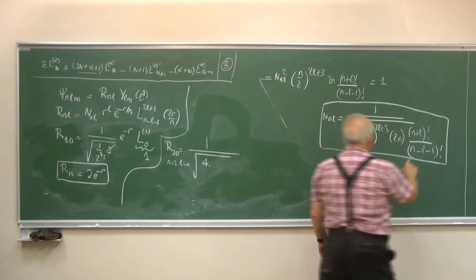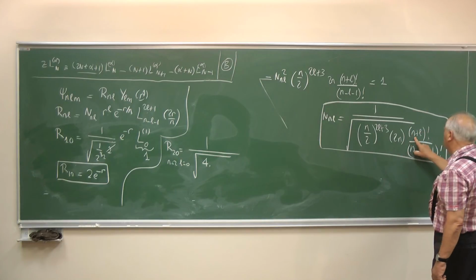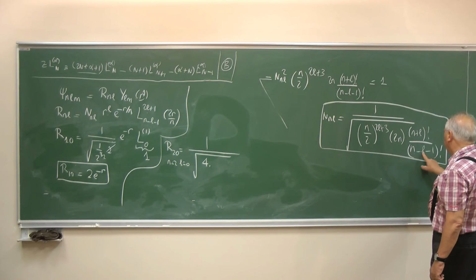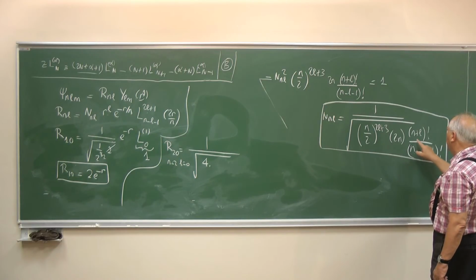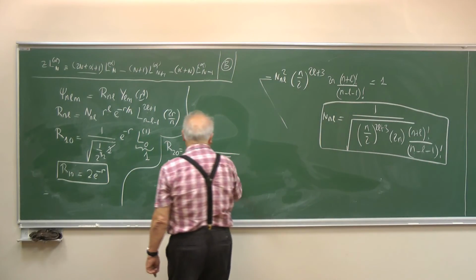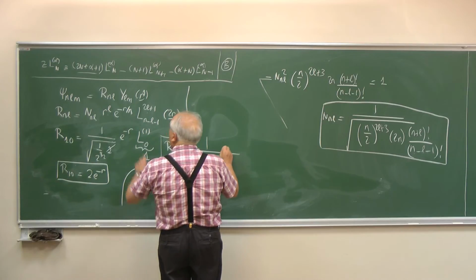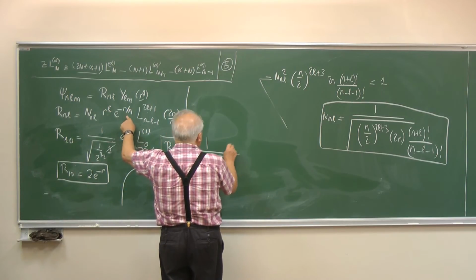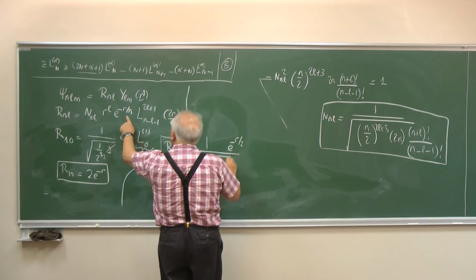Then l equals 0, n equals 2. 2 factorial is 2. 2 minus 0 minus 1, 1. 1 factorial is 1. So I have only 2, another 2 here. Then this r to the l, l is 0, e to the minus r over 2.